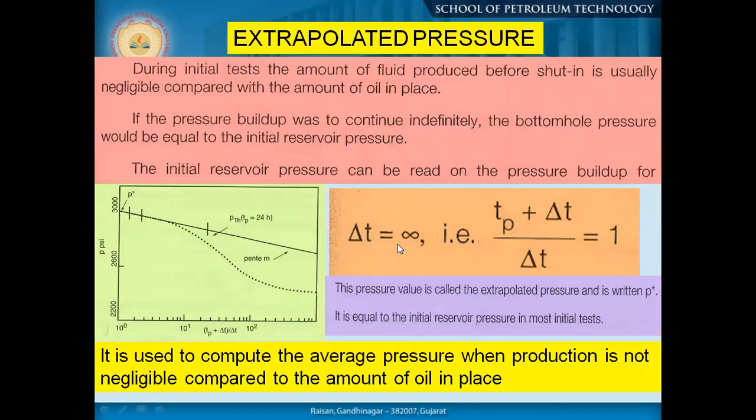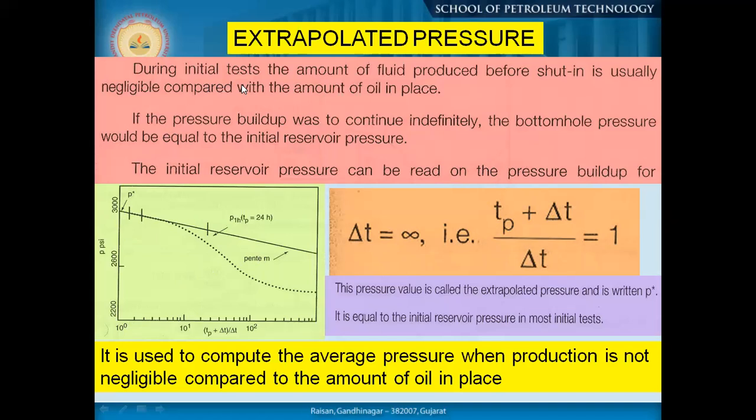So delta T is infinite means in the last segment of your build-up study, you are doing an extended period of build-up so that your delta T is infinite. Once your delta T is infinite, you are getting this point as 1. That means when this value is 1, 10 to the power 0 means 1, you are reaching approximately your initial reservoir pressure.